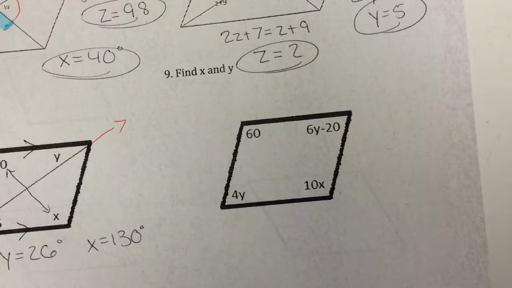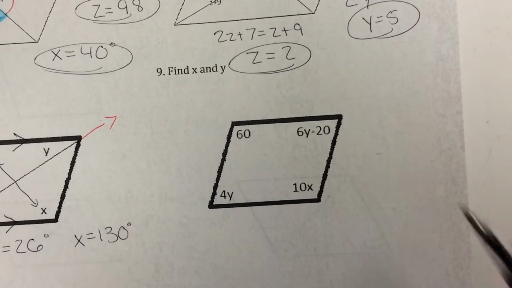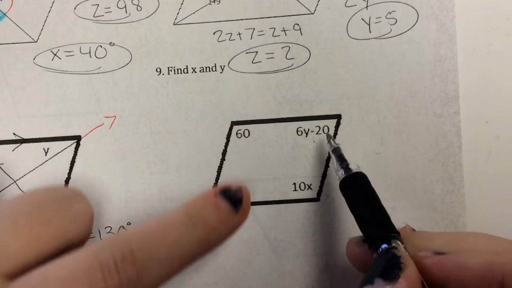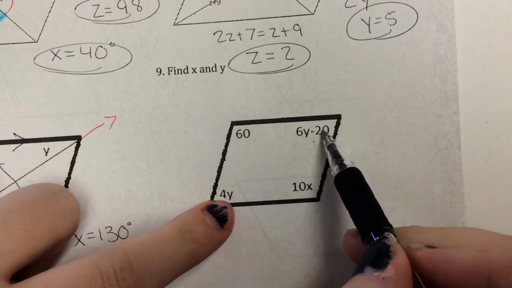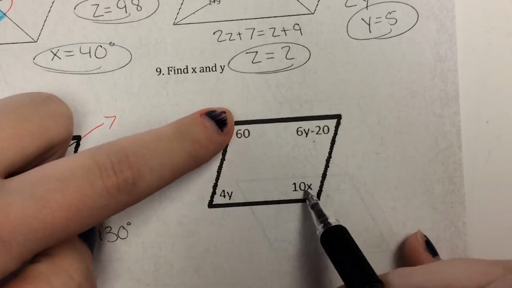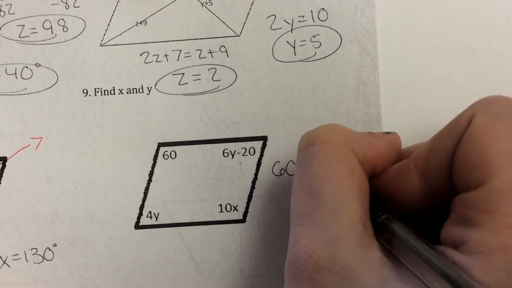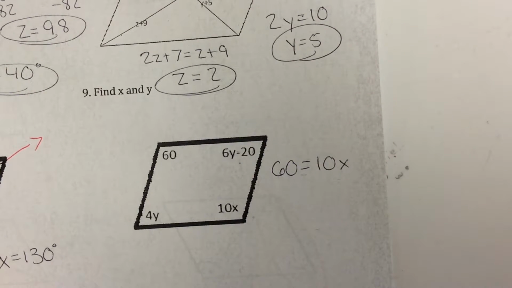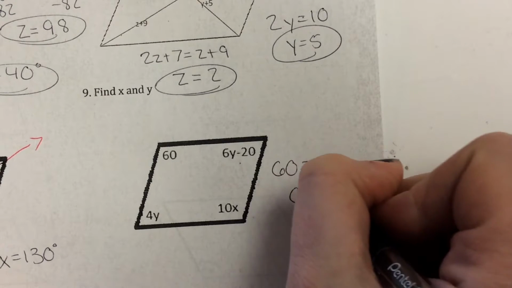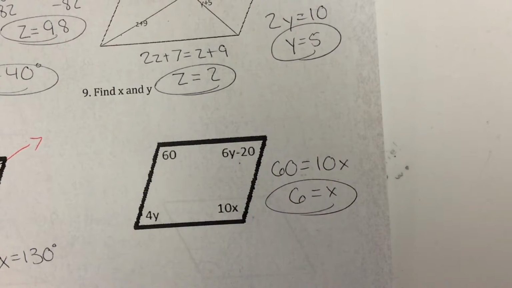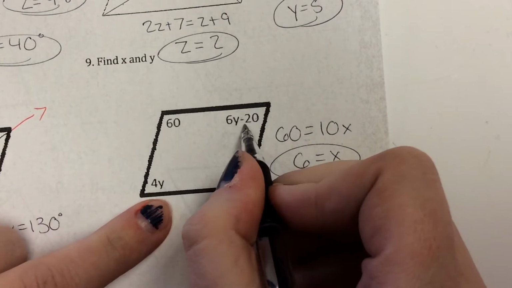Number 9, find X and Y. Once again, we have opposite angles, and opposite angles are congruent. Okay, so we have 60 equals 10x. To solve for x, we divide by 10, and that gives us 6. To solve for y, we set these two equal now.